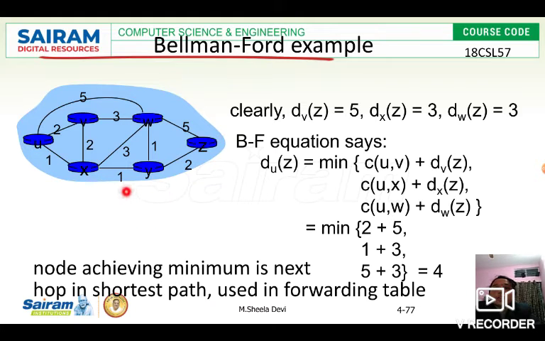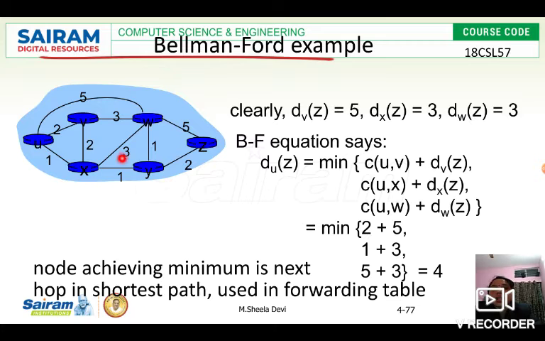X to z is 3. Yes, it is clearly said, 1 plus 2 is 3, so 3. And v to z, if you see this path, it is 5 plus 3, 8, and if you go through x, y and z, it is 2 plus 1, 3, 3 plus 2, 5. So they have given this path, that is 5.